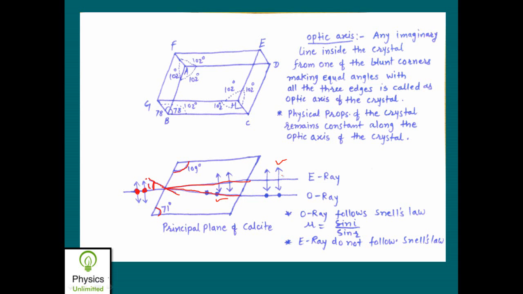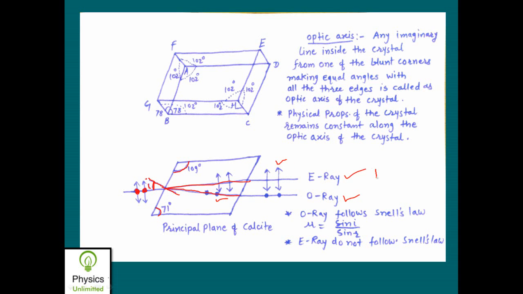So here the ray which has vibrations parallel to the principal plane is known as the extraordinary ray, while the ray which has vibrations perpendicular to the principal plane, shown by dots, is known as the ordinary ray, or simply the O ray. Both of these two rays are completely plane polarized light.